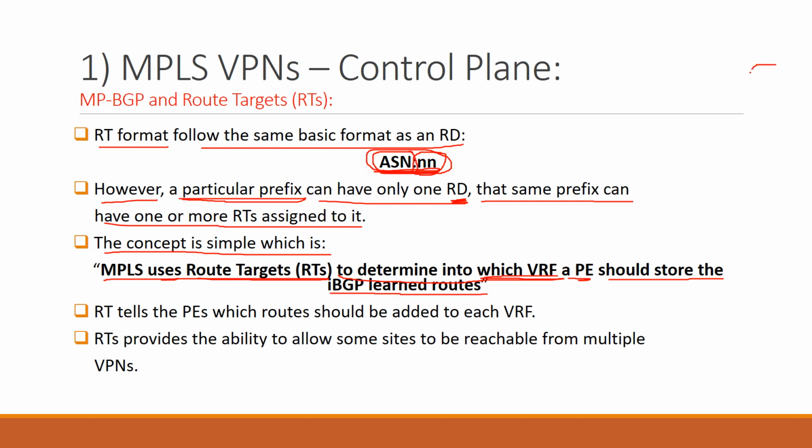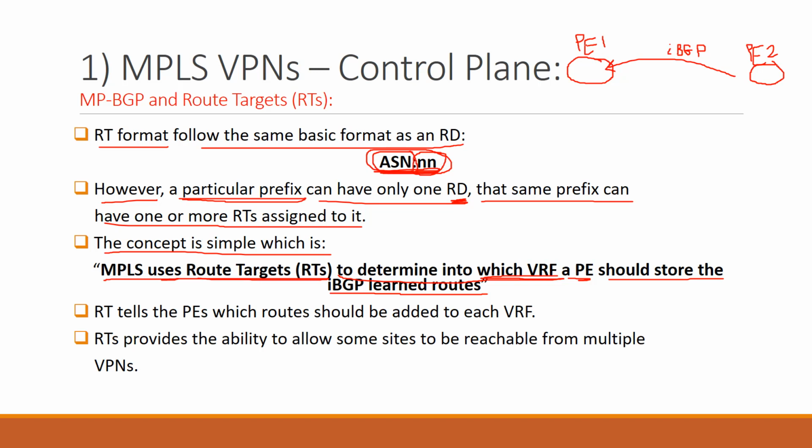As we discussed in the previous slides, PE2 advertised to PE1 via BGP, and here we used iBGP, the two learned routes.